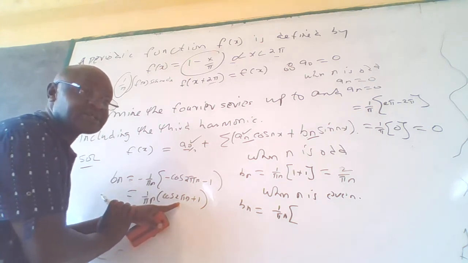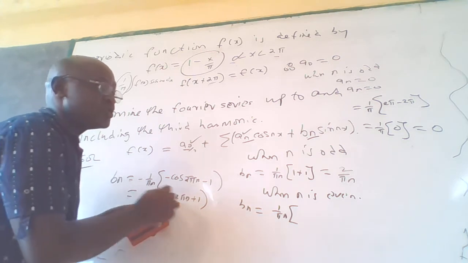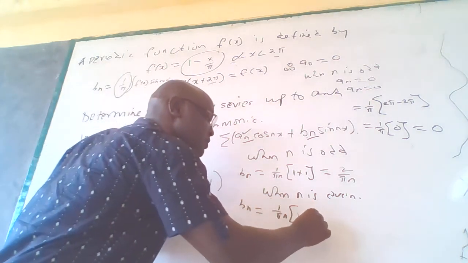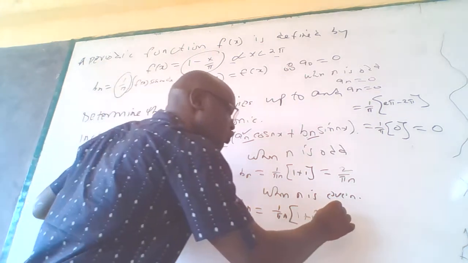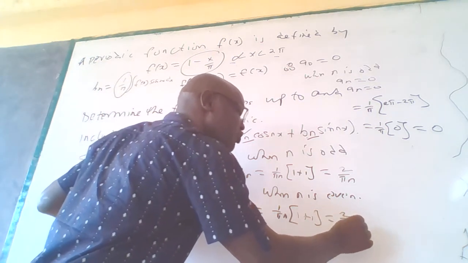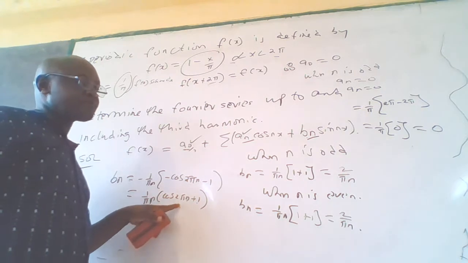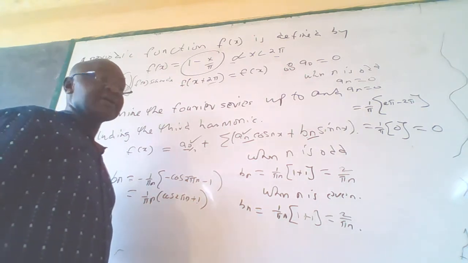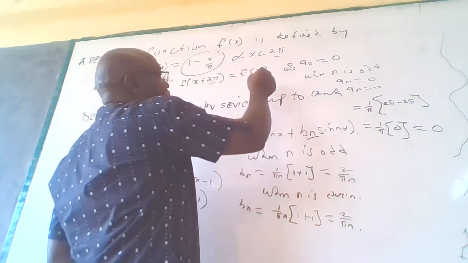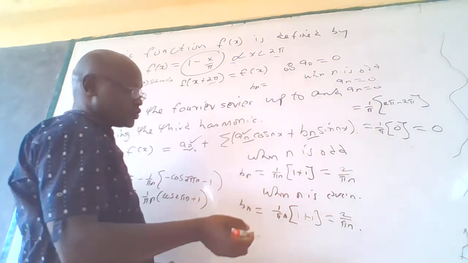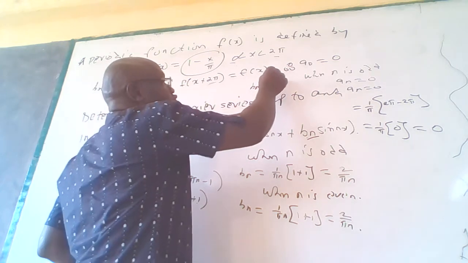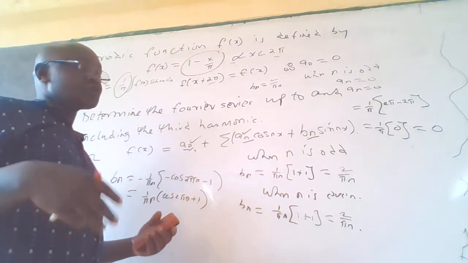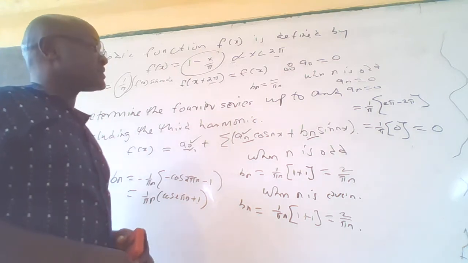Cos 4 pi is the same as cos 720, which again is 1, then plus 1, which equals 2 over pi n. So what are we saying? We are saying that Pn equals 2 over pi n at all even and odd numbers.